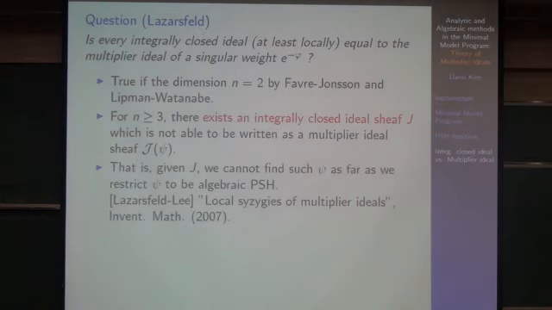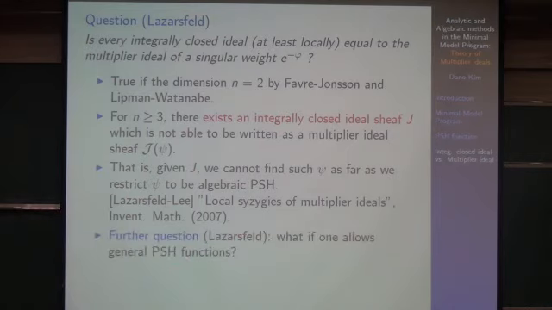So given this particular J, we cannot find psi such that J of psi is equal to this J. This was the work of Lazarsfeld and Lee.